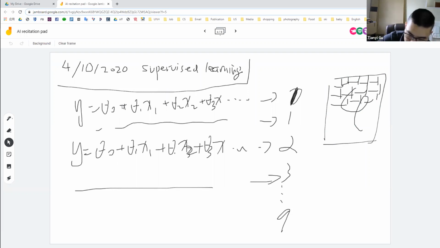That's your prediction. You feed this into all the trained hypotheses, and you get these y values. What you train actually is the hypothesis, which means this formula. Actually, it's these thetas, all of these coefficients for your features.